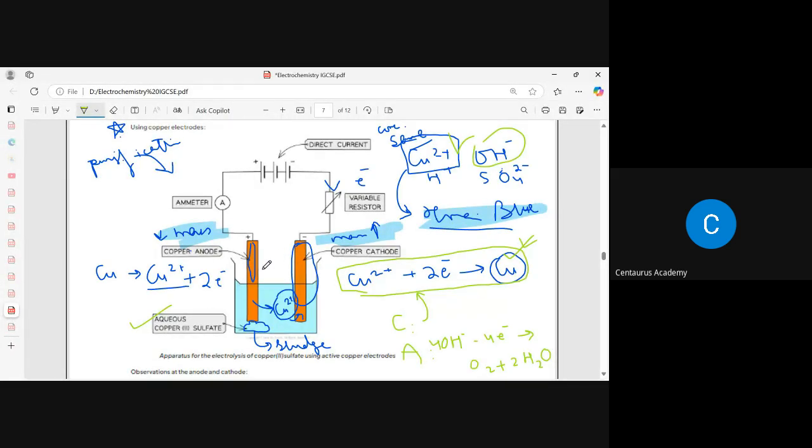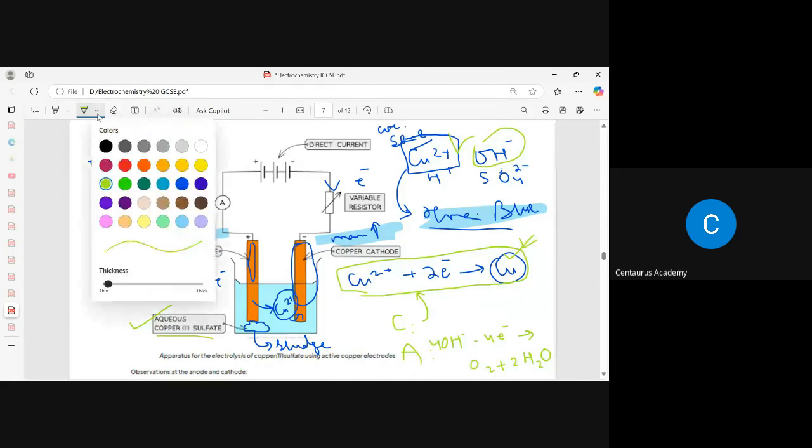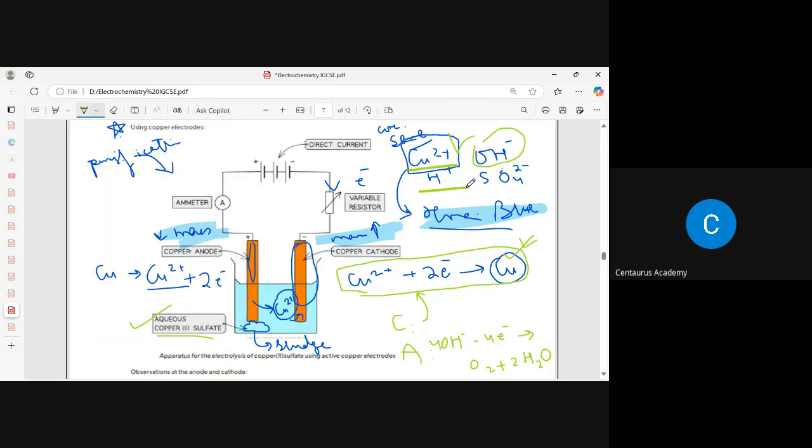If you look into this electrolysis, supposing the electrolyte is still the same, that is aqueous copper 2 sulfate, the ions are still the same. There are copper 2 plus ions, hydrogen ions, hydroxide ions and sulfate ions present within the electrolyte. The only change I am making is using carbon electrodes instead of copper anodes or copper cathodes.